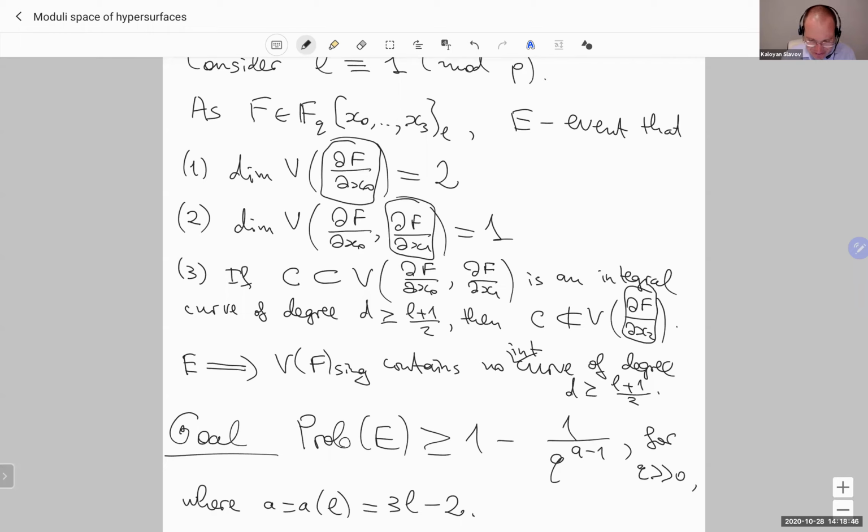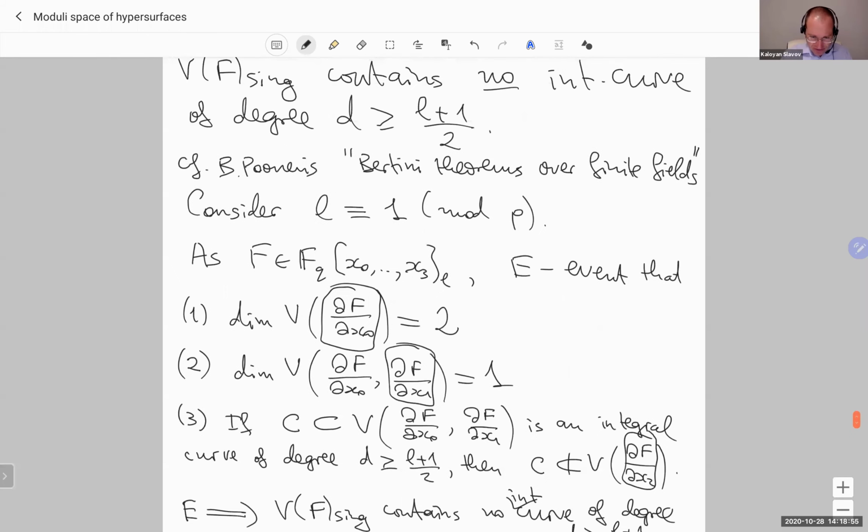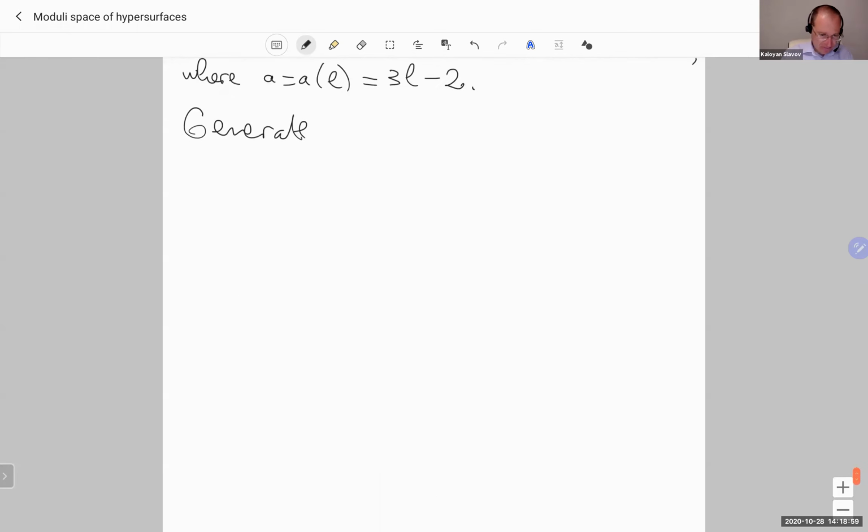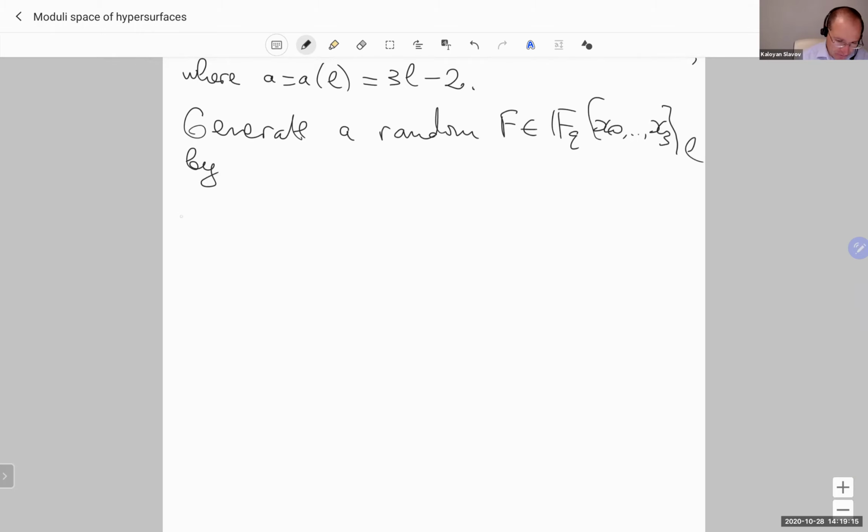But these partials, they're not independent. That's the problem. And the idea that Björn Poonen uses in his paper, and that we use right here, is the following. We generate a random f in Fq[x0, ..., x3], homogeneous of degree L, by the following formula.